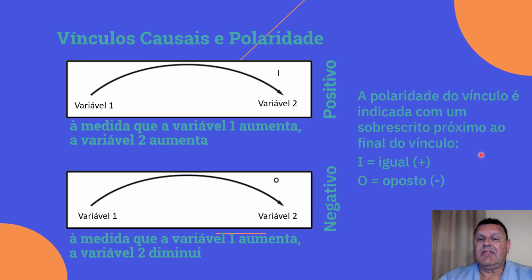I have found that using S's and O's for same and opposite is easier for people who are more quantitatively wired. It sometimes makes it difficult for people because they start thinking in mathematical terms, and this is not really a mathematical model. It's a qualitative model. So I use same and opposite, but you can use plus and minus.